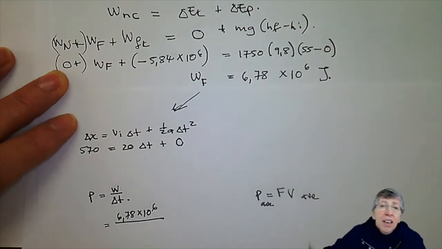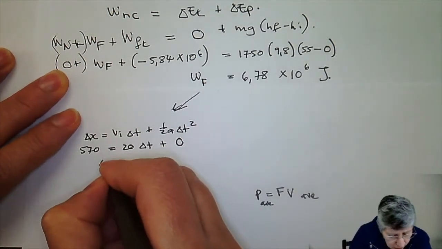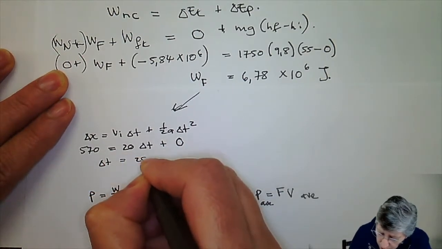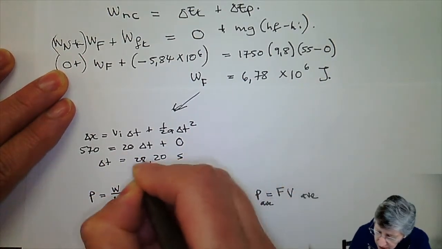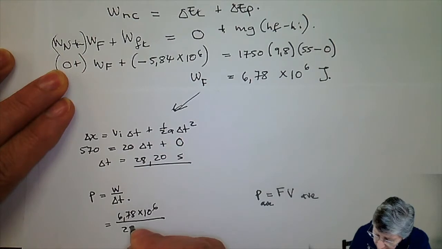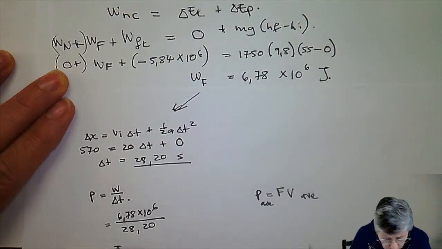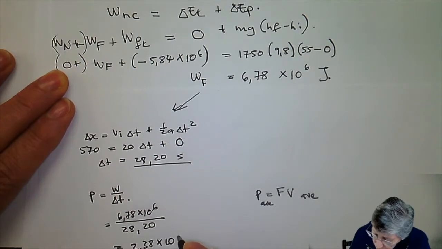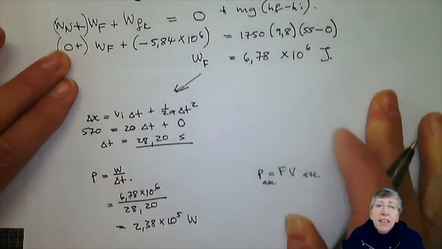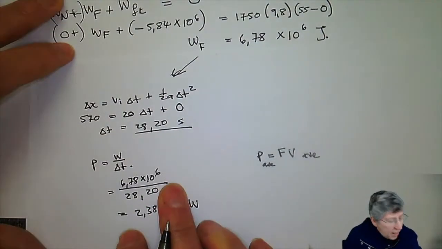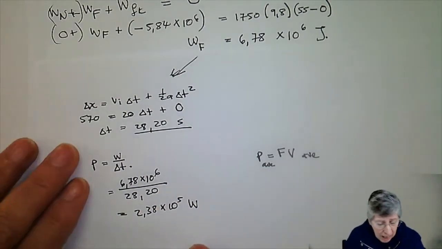Then you have to solve for delta t, and you get something like 28,20 seconds, and then I can add it there to get 2,38 times 10 to the 5 watt. In the question they said we have to do that in kilowatt.